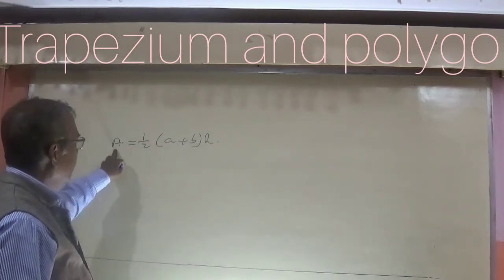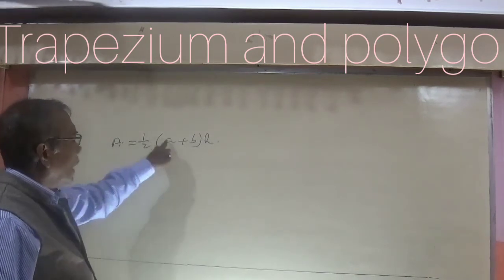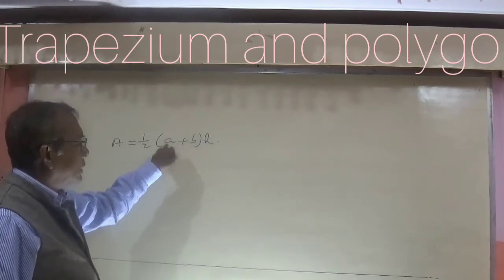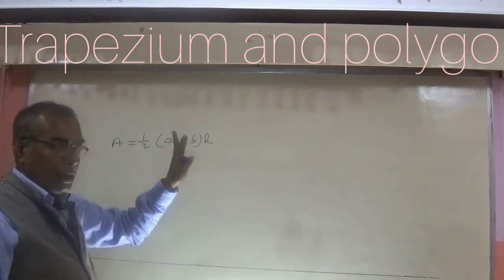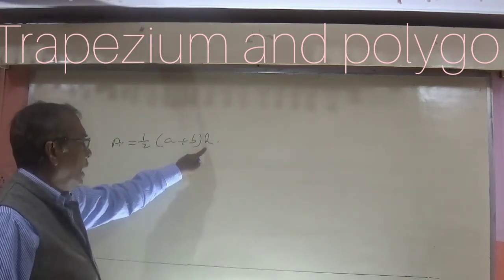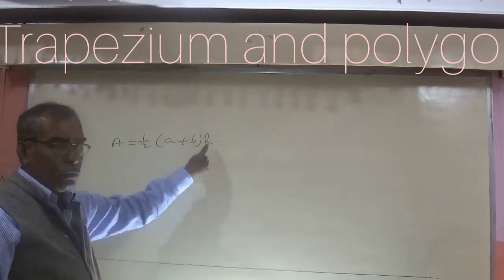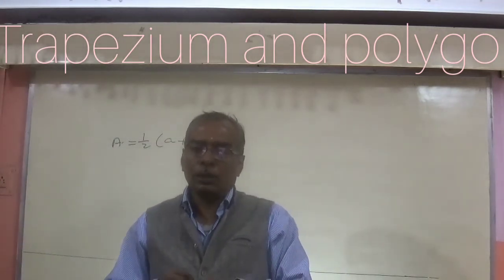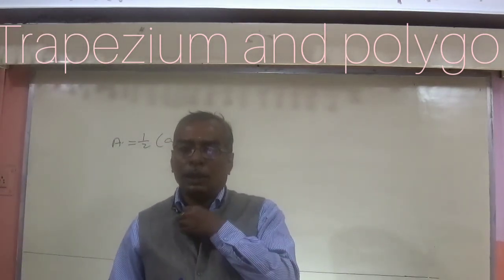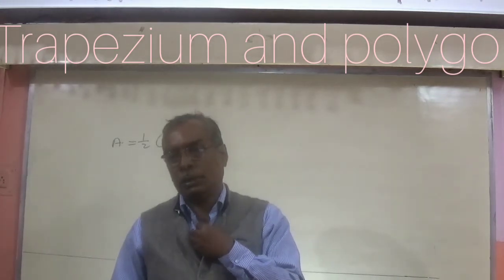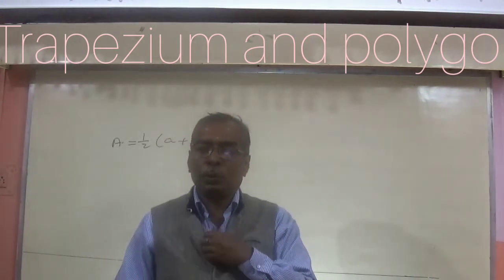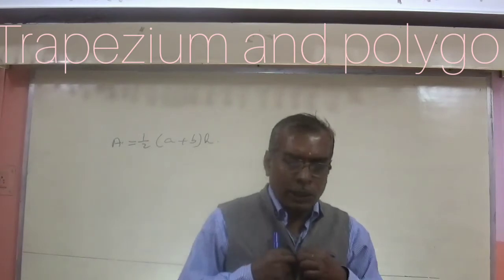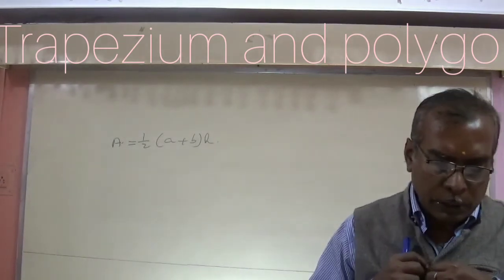One is A, area of trapezium, other ones are A and B, that is length of the parallel sides, and this is H, height. 1, 2, 3, 4. 4 parameters are there. Out of these 4 parameters, 3 will be given to us. You have to find the 4th one. This way you will have to find out the area, solve the problems.